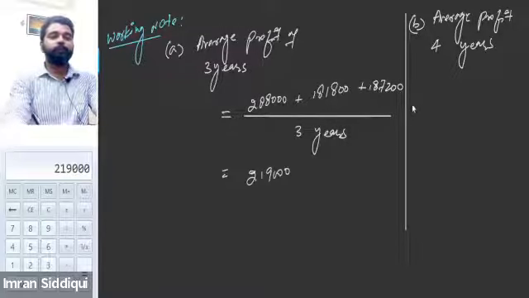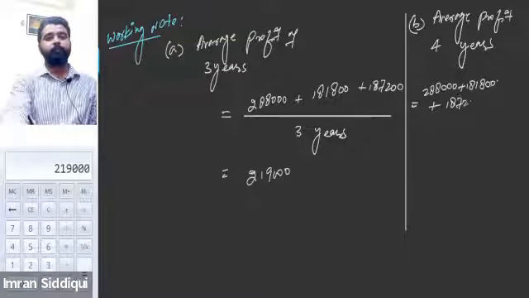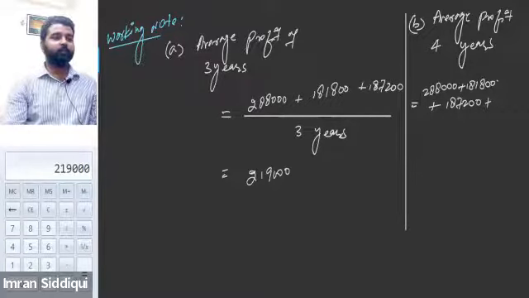So for calculating the average profit of 4 years, we will be taking 2,88,000 plus 1,81,800 plus 1,08,000 plus 1,87,200, and the profit in the last year was 2,53,200.